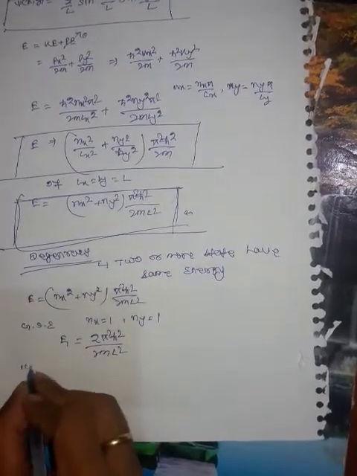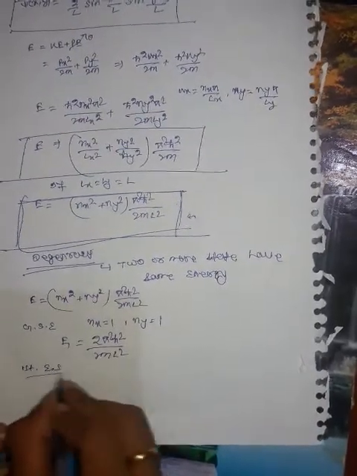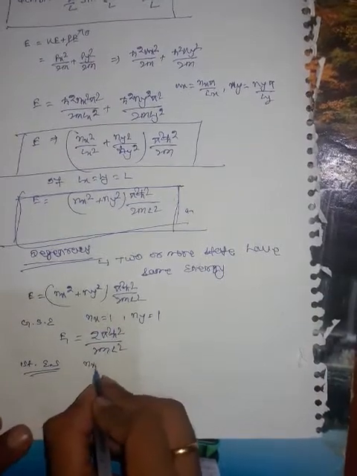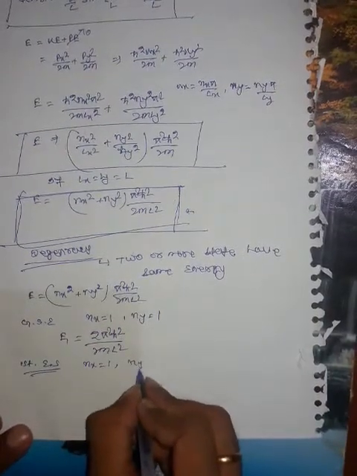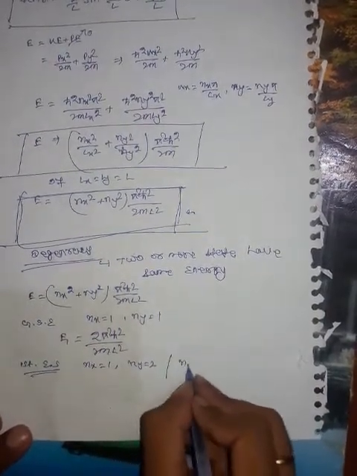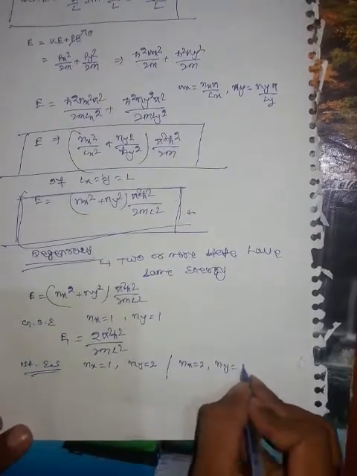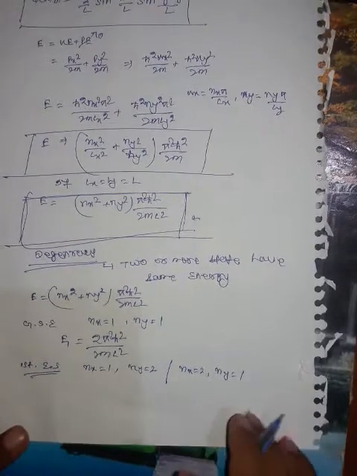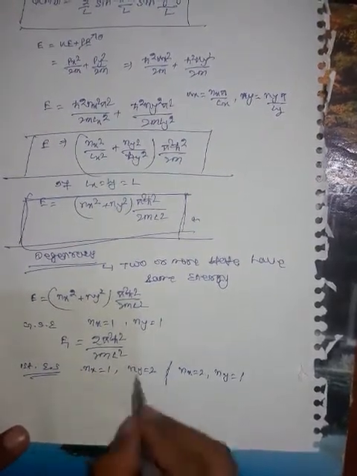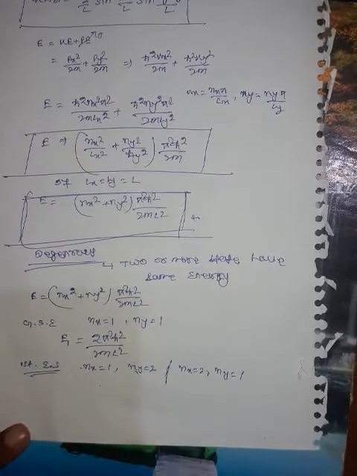Again, the first excited state energy becomes, by putting nx equal to 1, ny equal to 2, and also nx equal to 2 and ny equal to 1. So by putting these two values separately we can find the same energy.